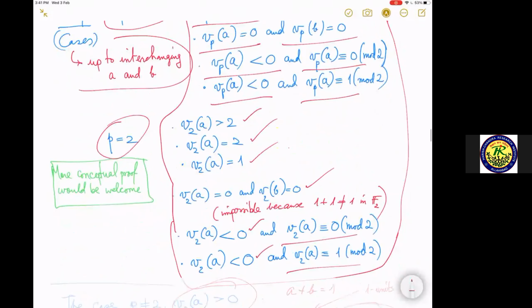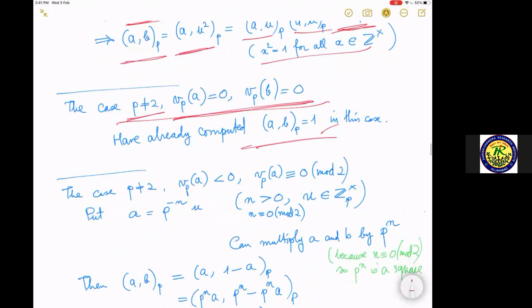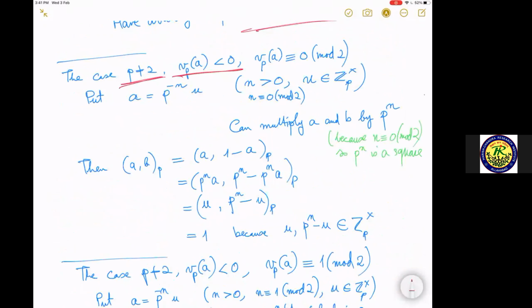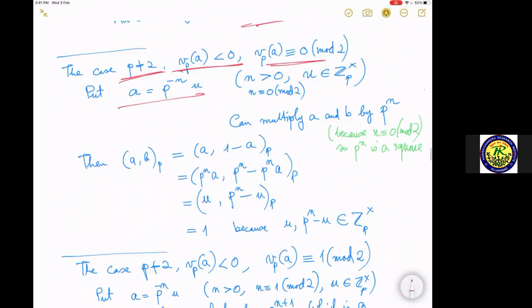Now let's come to the case when p is still odd, but v_p(A) is strictly negative. First, let's consider what happens when v_p(A) is even. Then I can write A as p to the minus n times a unit u, where n is strictly positive and even.